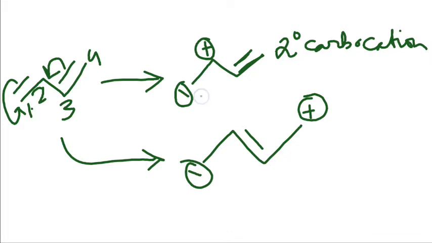We have numbered it 1, 2, 3 and 4. Similarly, this is 1, this is 2, this is 3, and this is 4. So you can see here that this carbocation is a primary carbocation.